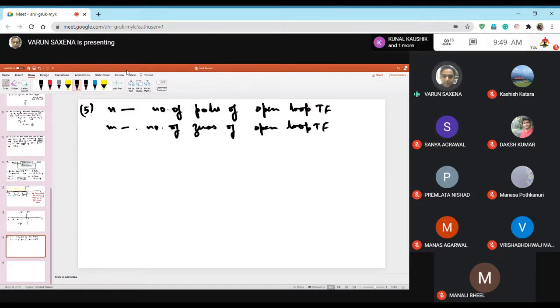Then we know that n minus m branches will move towards infinity. Right? These are the branches that will move towards infinity.